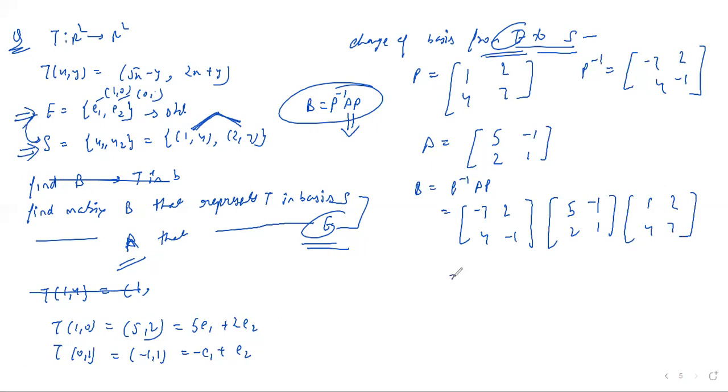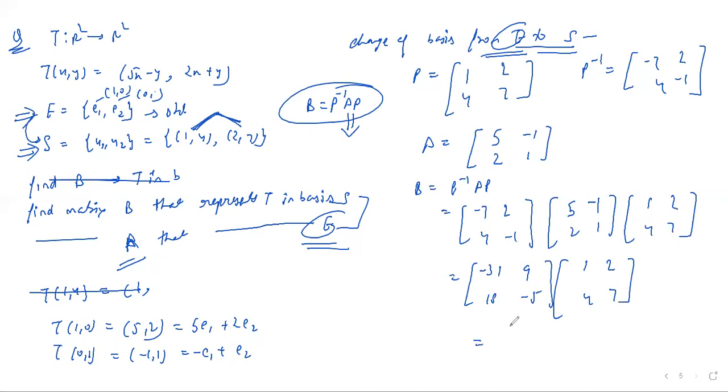Let's just multiply that. If we multiply, it will be minus 35 plus 4, which is minus 31, and it is 7 plus 2, which is 9, and this will be 20 minus 2, which is 18, and this will be I think minus 5. Okay, and we'll multiply this further by the other matrix, which is 1 2 4 7.